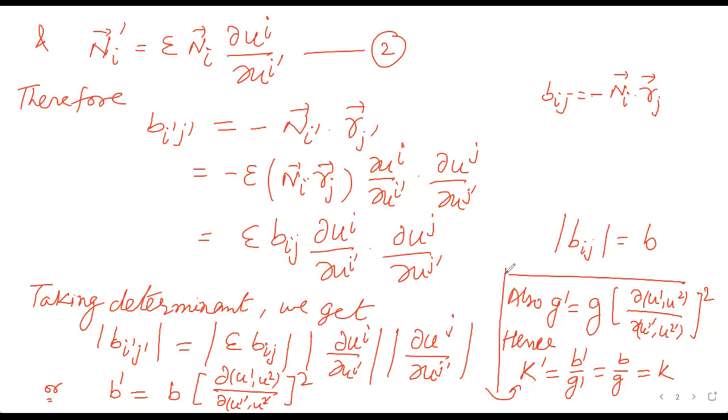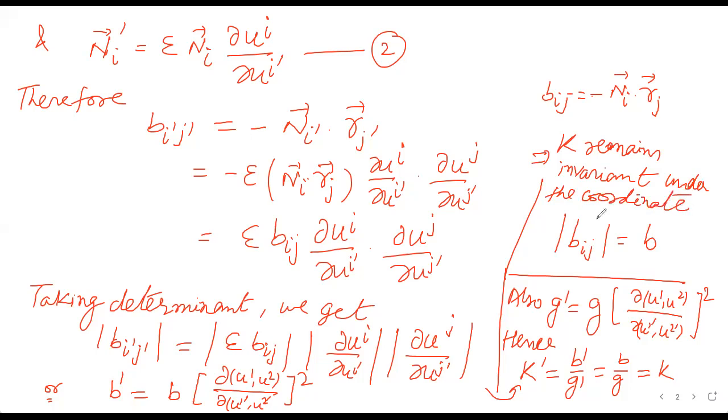So hence this implies that K remains invariant under the coordinate transformation. ठीक है, तो ये एक रिजल्ट आया आपका.